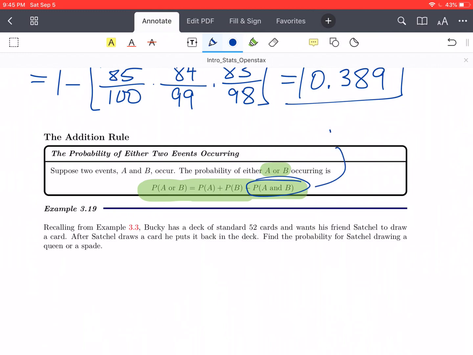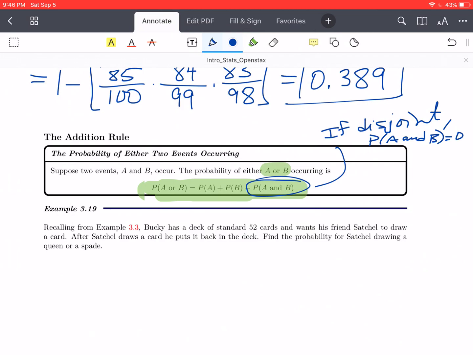Okay, so if disjoint, probability of A and B is 0. In which case, that would go away, and we'd be left with the definition we saw in 3.1, right, for determining these OR probabilities.